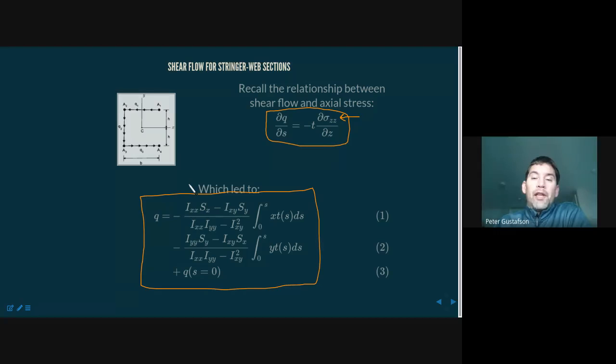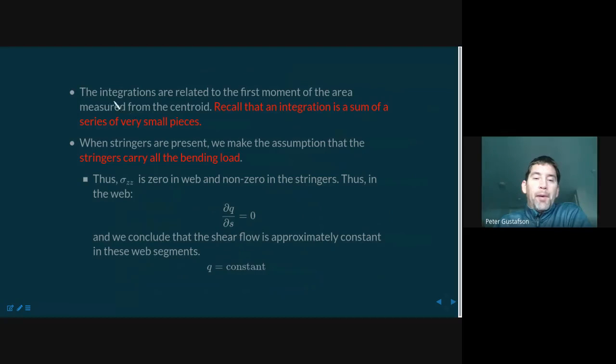So what do we see here? We see these equations. So we have shear flow that's related to bending. Now, keep in mind a couple things. The integrations themselves are related to the first moment of the area measured from the centroid. So these are centroidal-based integrations.